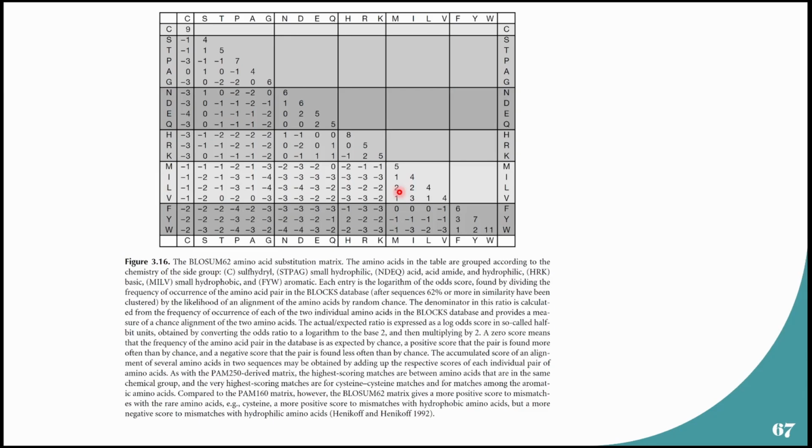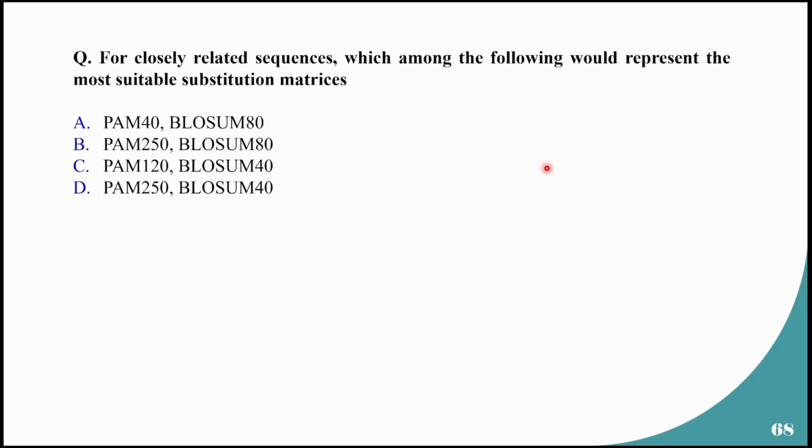For example, a positively charged amino acid like lysine, if you compare its mutability with the positively charged amino acid arginine, you will see that it has a value of +2, which means that it is favorable. Again, based on the characteristics of the amino acids, you can get to the same conclusion. And as I said earlier, for closely related sequences, the most suitable choice would be a lower value of PAM like PAM 40 and a higher value of BLOSUM like BLOSUM 80.